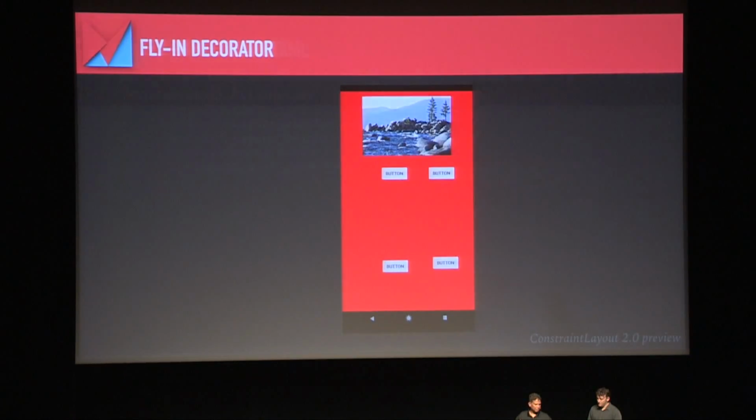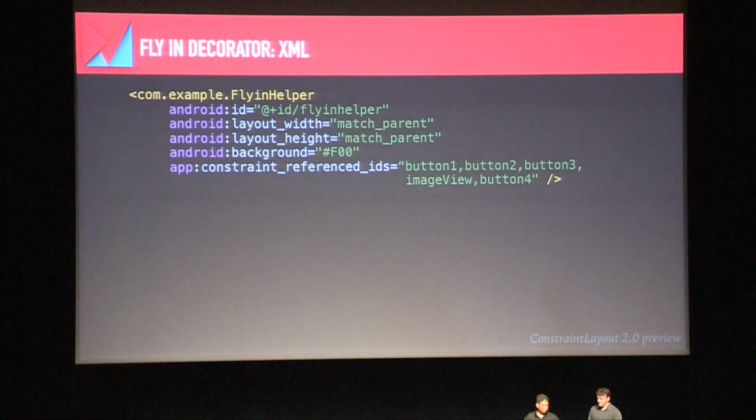So it's fairly easy to build those. And what the helper looks like, again, you just see a list of the components that were in the fly-in. And if it has a background color, you'll give it a black background color.